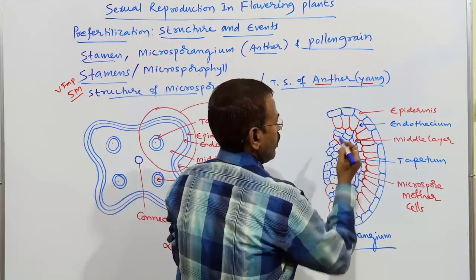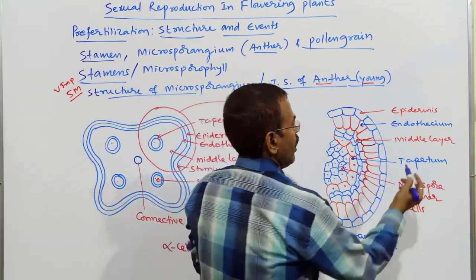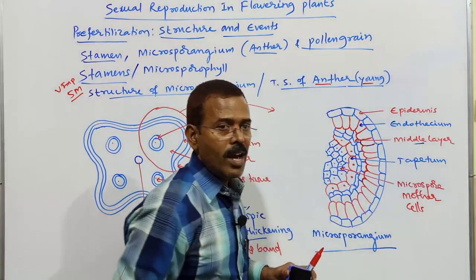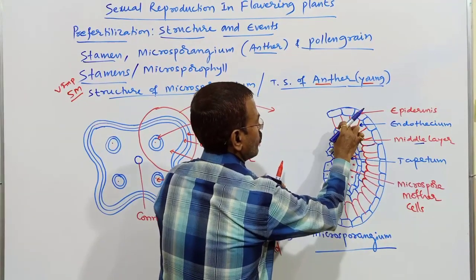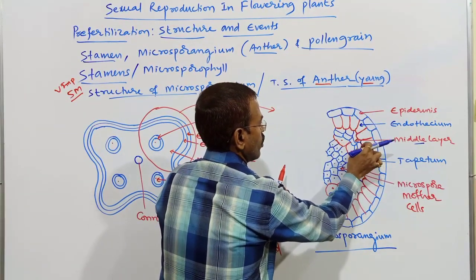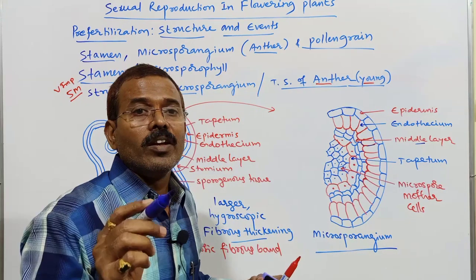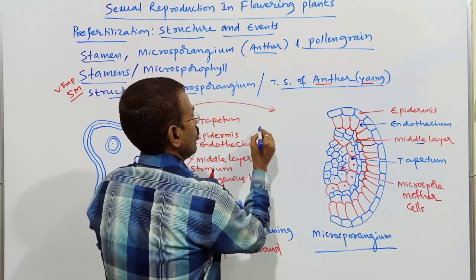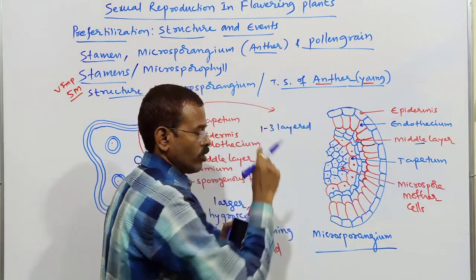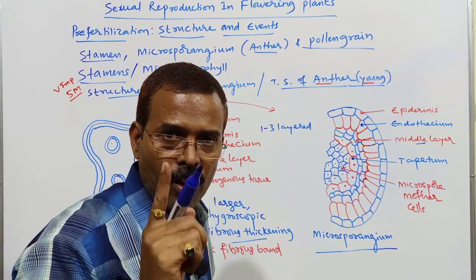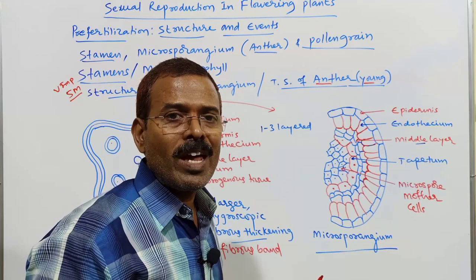Second layer. Below the endothecium, there is a layer called the middle layer. These two layers here, and then the middle layer. The middle layer is usually a 1 to 3 layered structure.